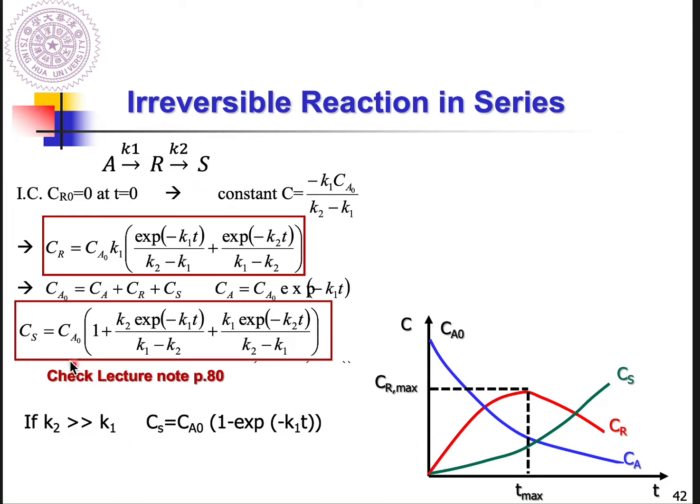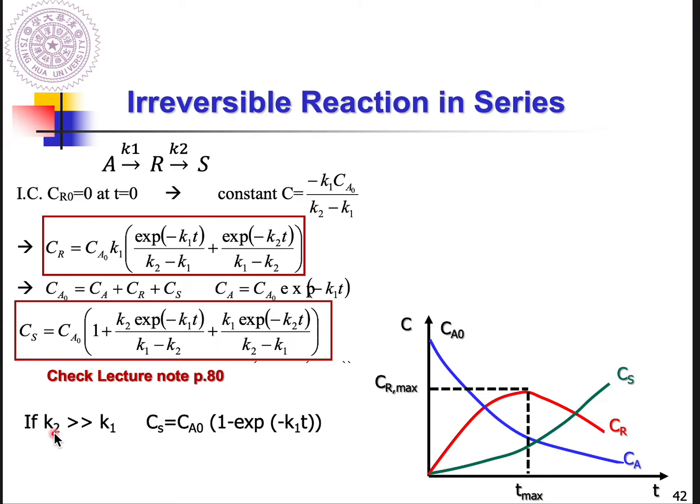So based on this, we want to try to formulate Cs, because it's the generation rate of product S. So if k2 is much larger, this is much larger, you can drop this term out, and this is much larger than this, you can drop this term out. So what we have here is 1 minus exponential minus k1t, expressed like this.